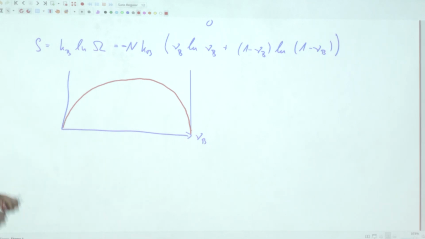You can do this, it's a simple calculation. I think you need L'Hopital's rule to get the derivative on the sides. And the answer is the slope here is infinite. And this, in a way, explains why it is so difficult to get very pure materials.